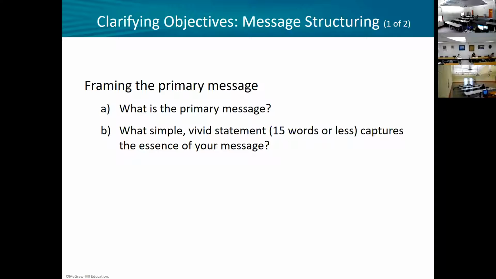Before you begin writing, sit back and say, what am I trying to say? What is the primary message? And if you can put that in a statement that's 15 words or less, that's better because that captures the essence of your message.